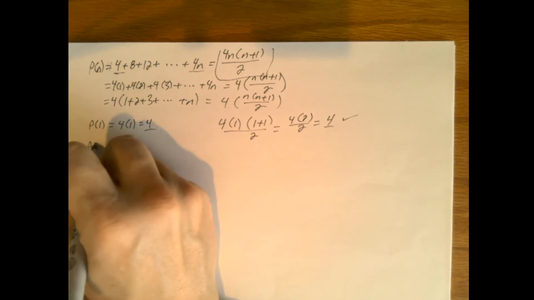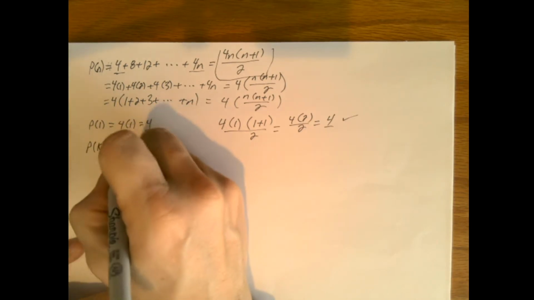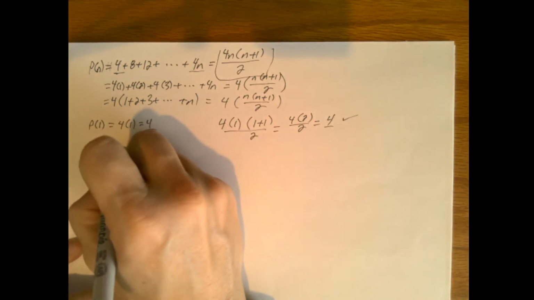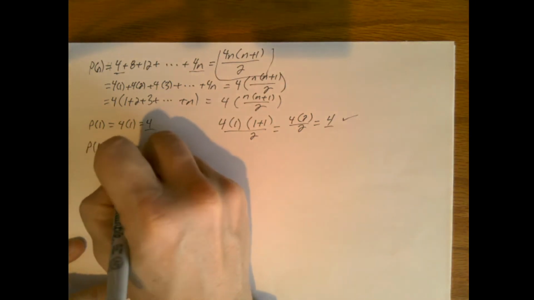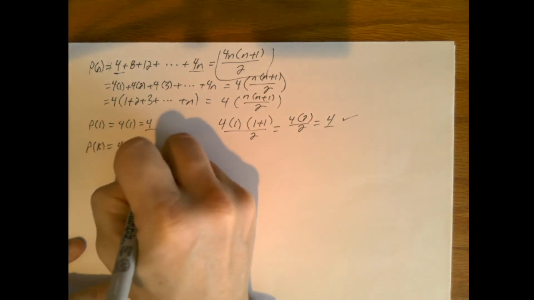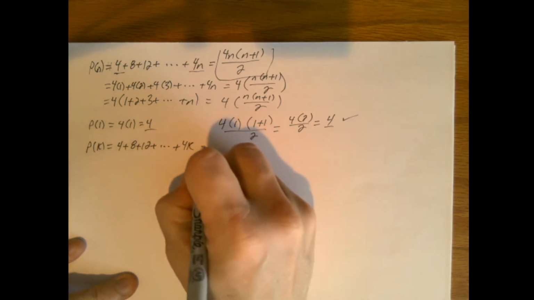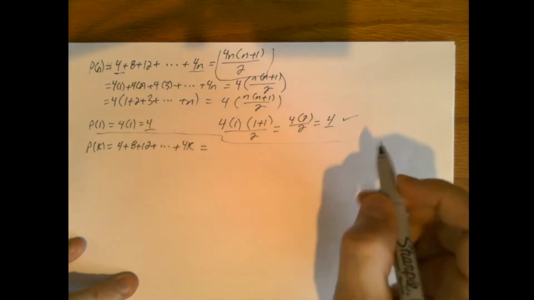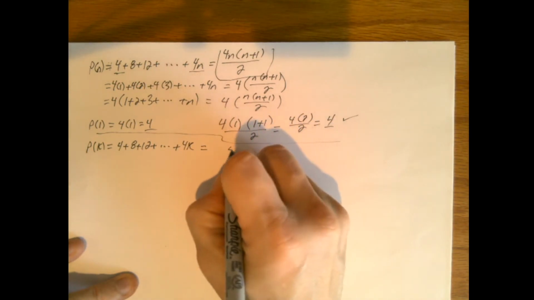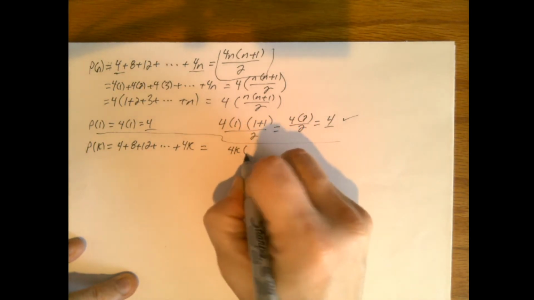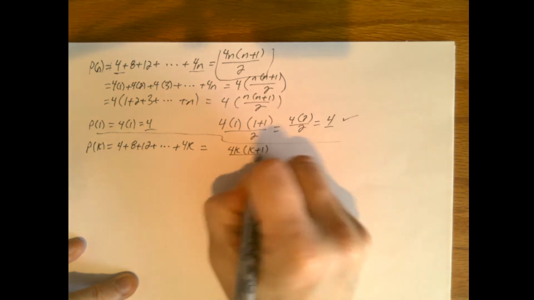We will assume that P of k is equal to 4 plus 8 plus 12 plus dot dot dot plus 4k, which is equal to, let me draw a line here to separate these, 4k times k plus 1 divided by 2.